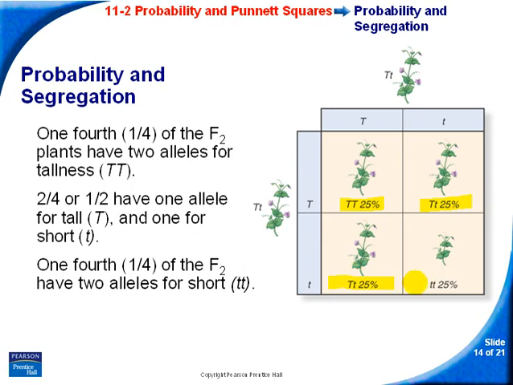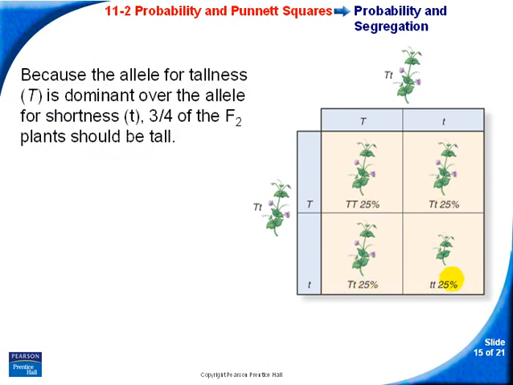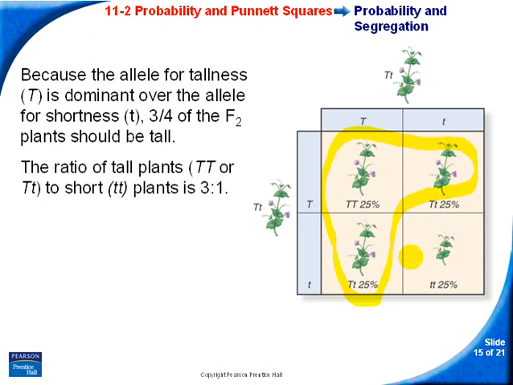And then 1/4 are going to have the 2 alleles for a short plant, little t, little t. So because the allele for tallness is dominant, like we just said, 3/4 of the plants will be tall. These three right here, 3 out of 4. So the ratio of tall plants to short plants is going to be 3 to 1 in this cross.